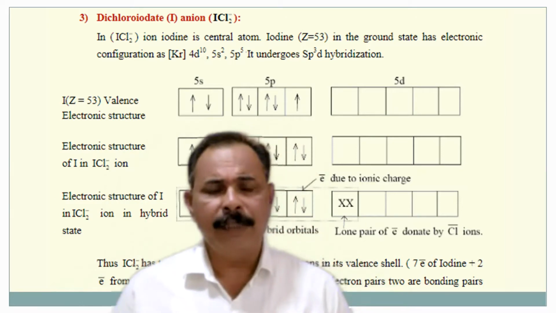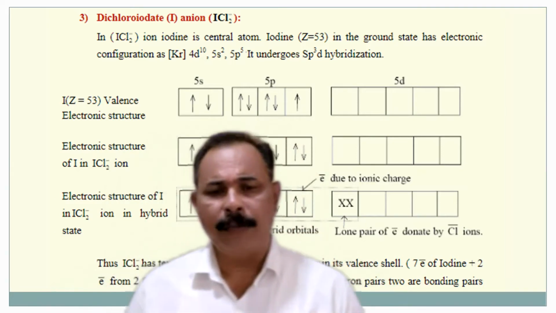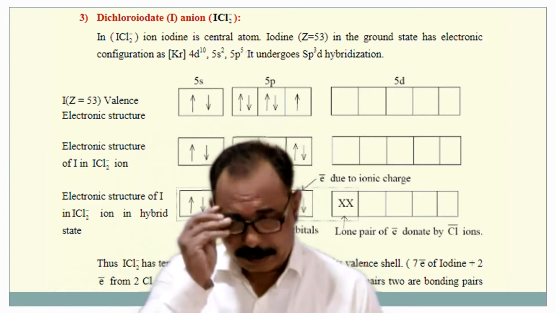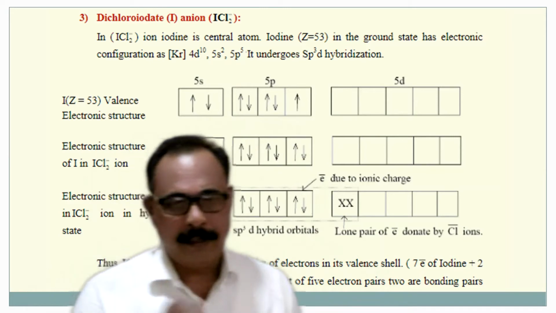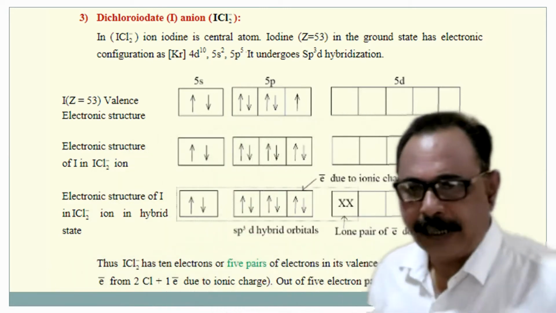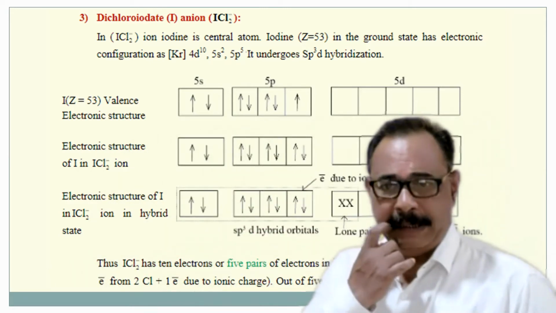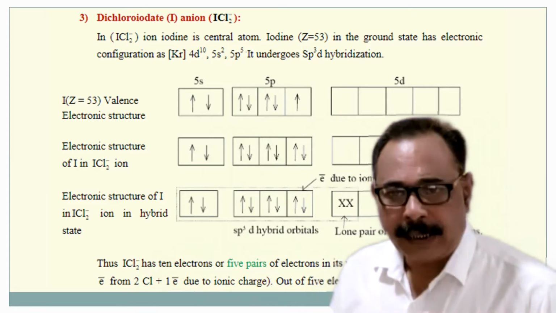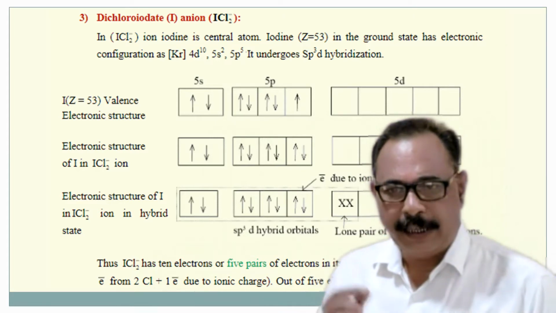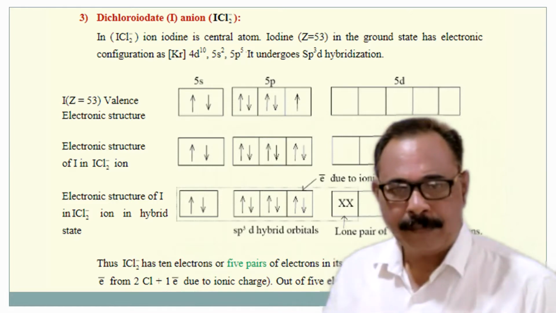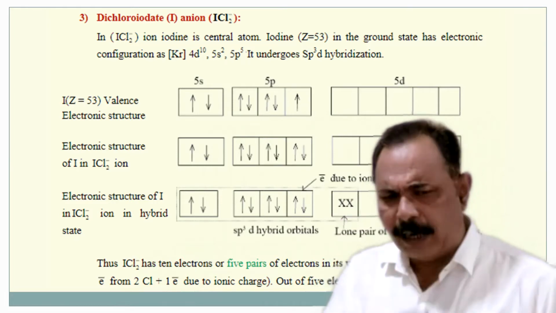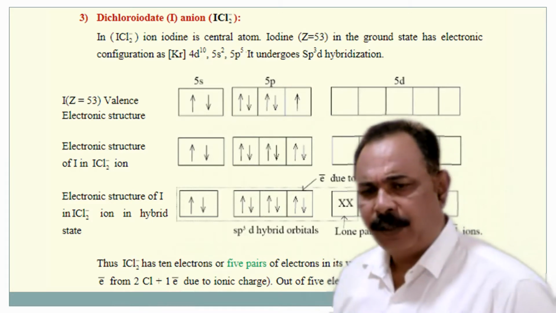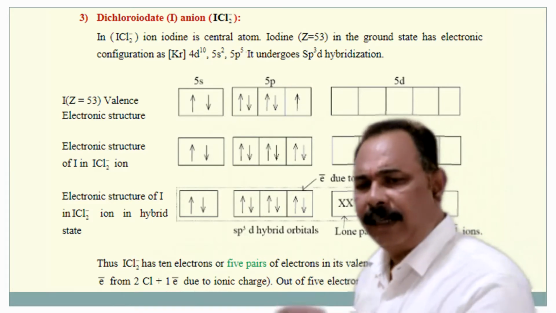After combination with the Cl2 minus ion, the electronic structure is like this. You can see on your screen that 1 electron gets added here, giving the electronic structure of iodine in ICl2 minus in the hybrid state. What happens in the hybrid state?